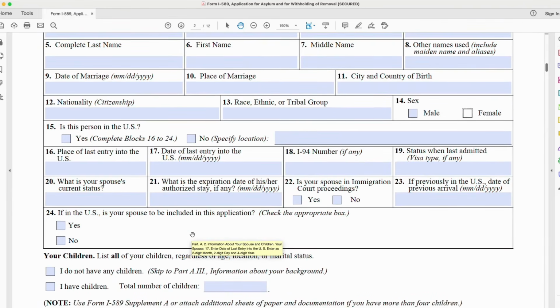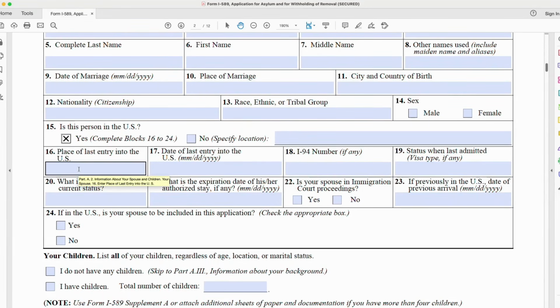Question 15 asks if your spouse is currently in the United States. If they are not in the United States, select No, and write the city and country where they live here on the line to the right. If you select No to this question, you do not need to complete questions 16 through 24 below. If your spouse is currently in the United States, then select Yes.